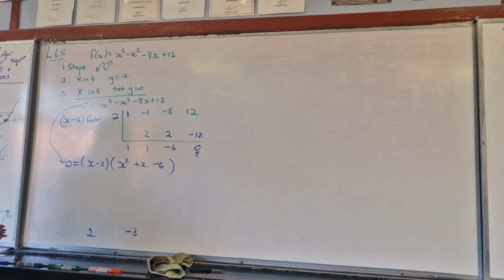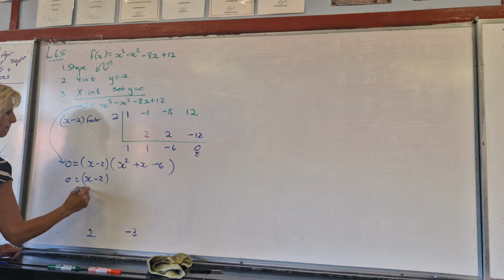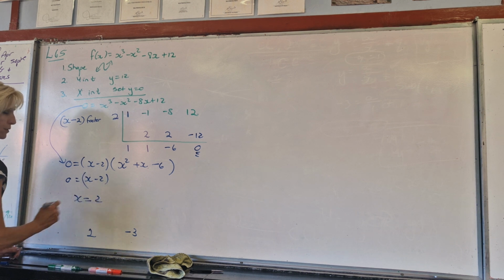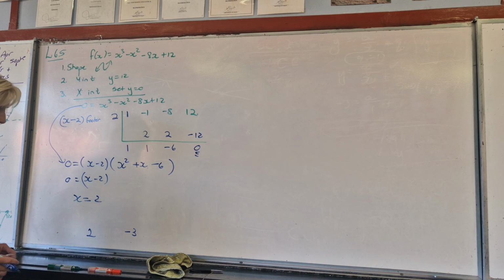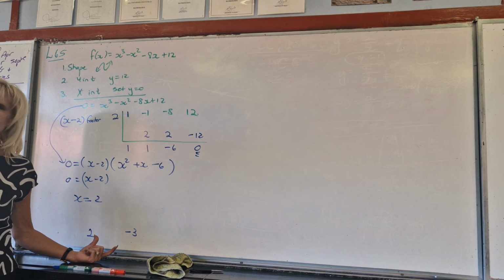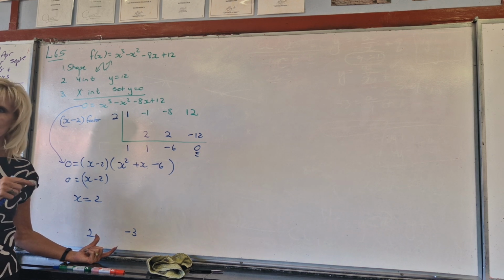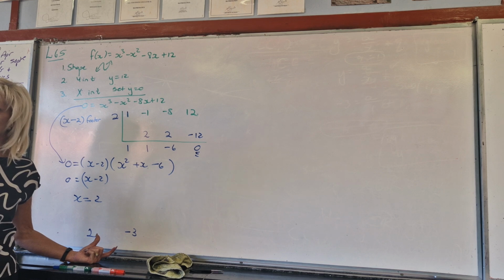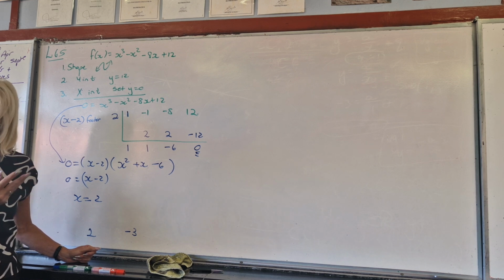Right, so now that I do have this, can I say what the answers are already? Yes. Well, x is equal to 2, I do know that. But where does the minus 3 come from? Now, as we've seen in the previous ones, if there are only 2 x-intercepts, what should be the case? One of them should be a turning point. One of them is a bouncy one, if you're thinking about quadratic inequalities. But which one? You won't be able to see until you factorize.